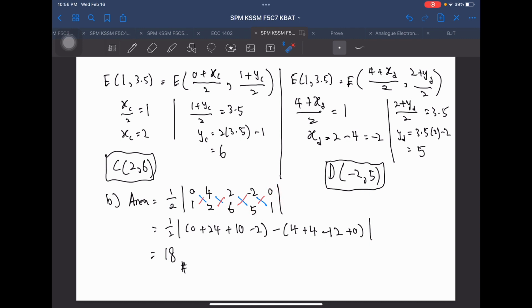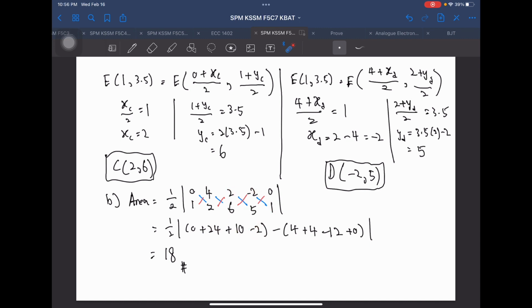So now, you got to multiply this: 0 with 2, 4 with 6, 2 with 5, negative 2 with 1. Then sum it up. So 0, 24, 10, negative 2.